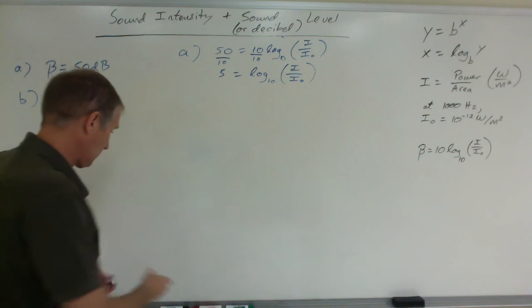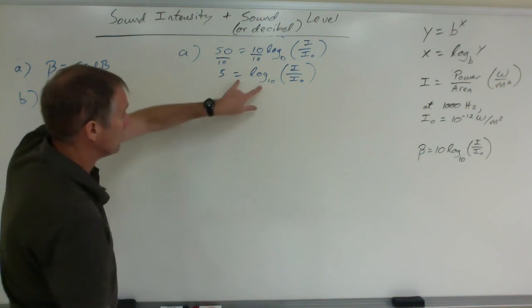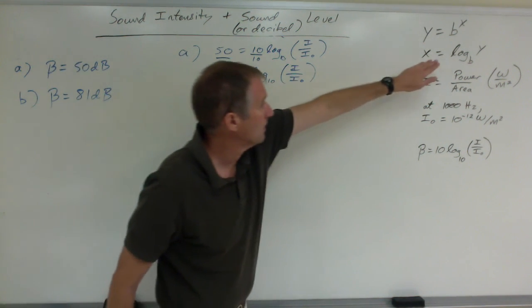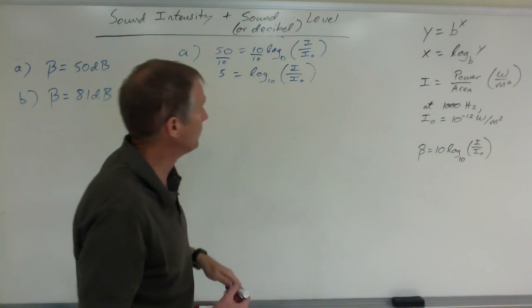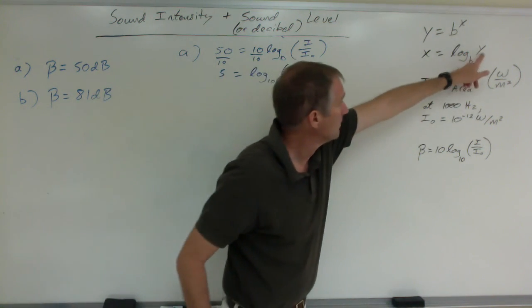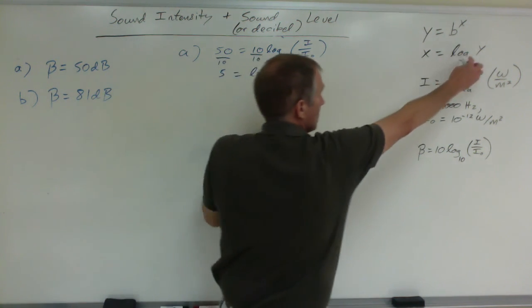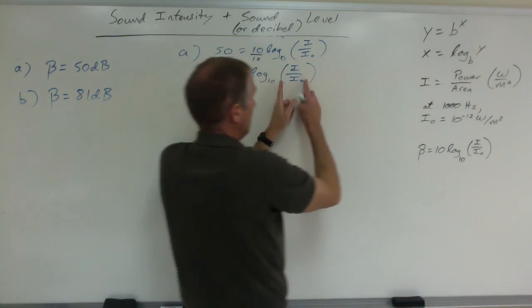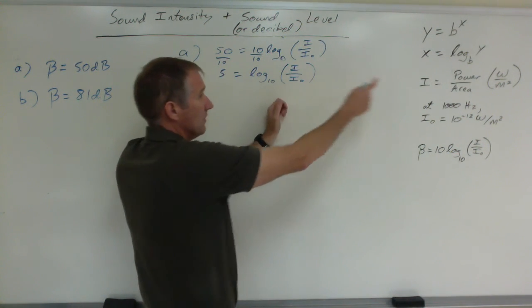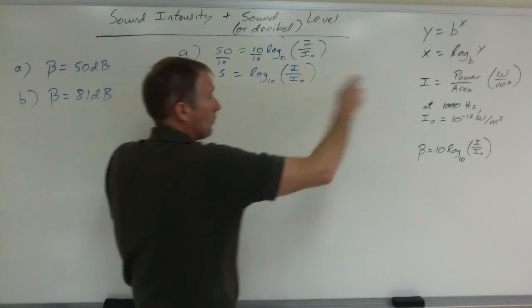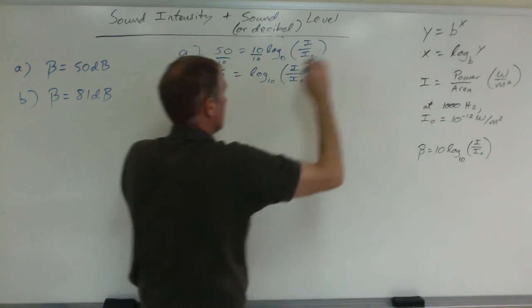Now you just have to look at this. What's your y value? It's whatever's here. So everything in parentheses, that's y. I'm going to write that to the left of the equal sign.